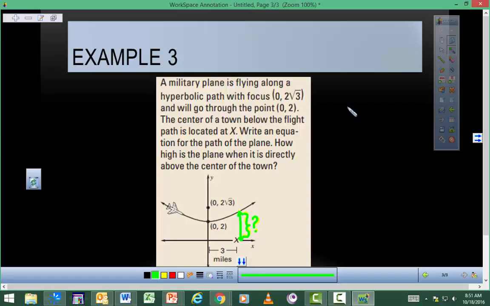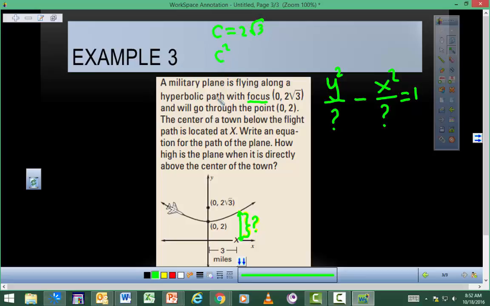So the first step we're going to want to do again is, because this hyperbola is opening up along the y-axis, I'm going to say y is my transverse axis, and I'm going to say x squared, and then I have this equals 1 again. So all we really need to do is figure out this number and this number. Hopefully based on this information, well, there's my focus point. So that means c is equal to 2 square root 3.